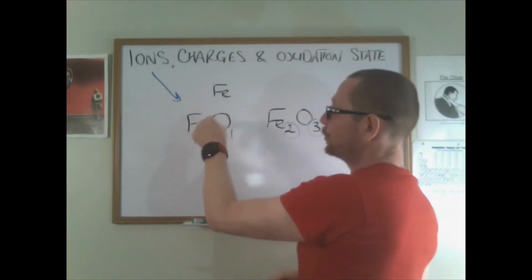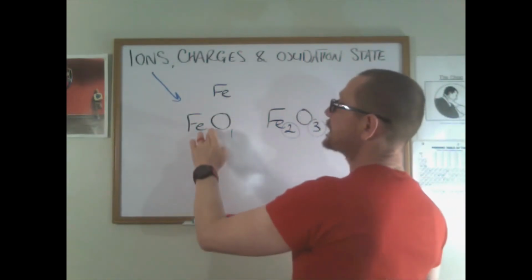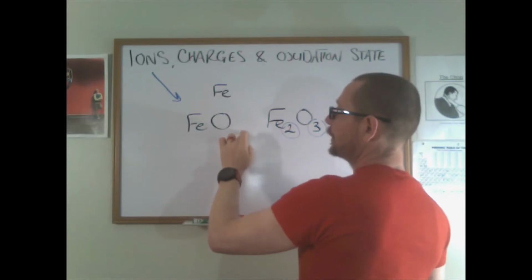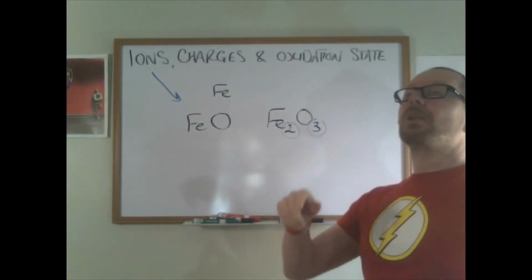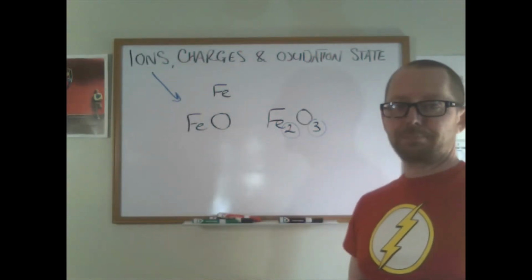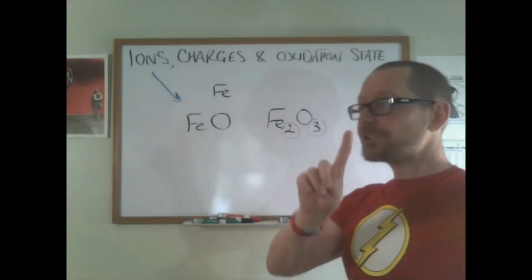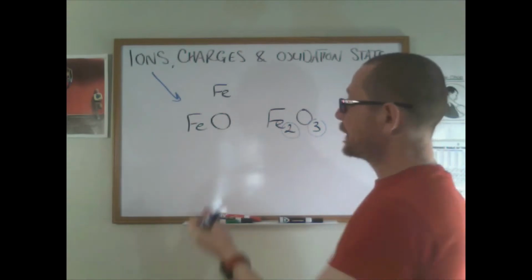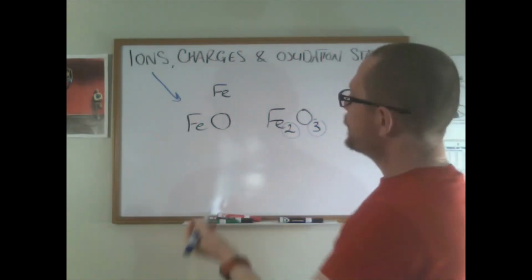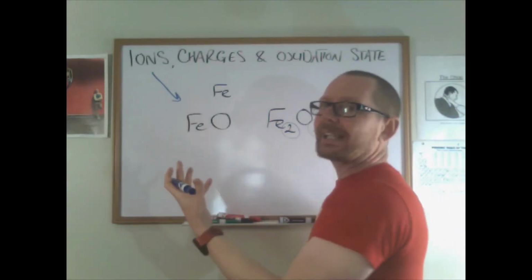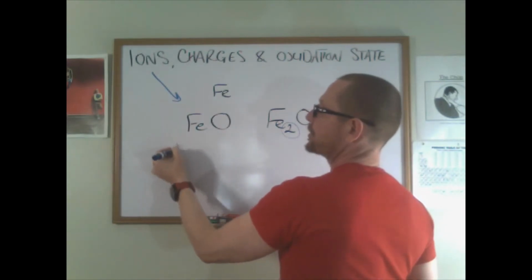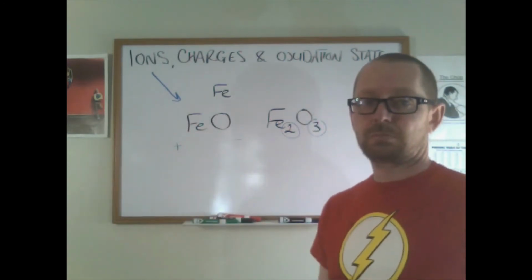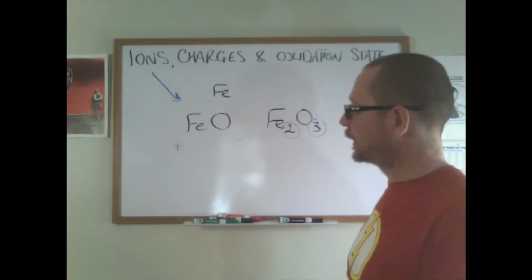In this example right here, what we can say is this. Oxygen, 99% of the time, is going to have an oxidation state, and it's going to be anionic. That means negatively charged. Positives, in a chemical formula, we write positives before negatives, just like in a number line, okay?